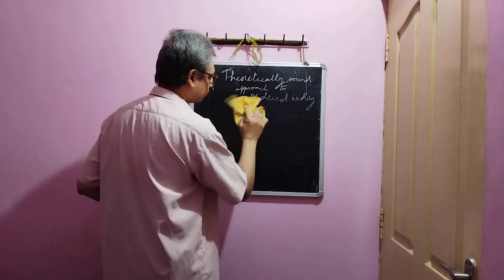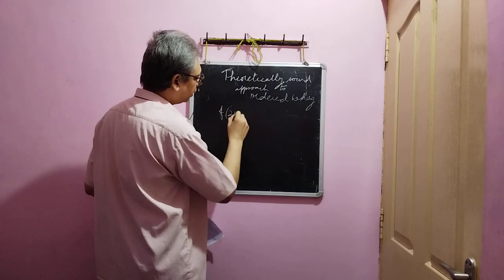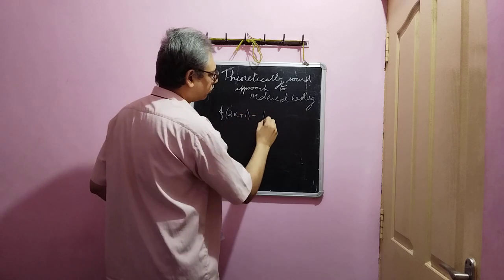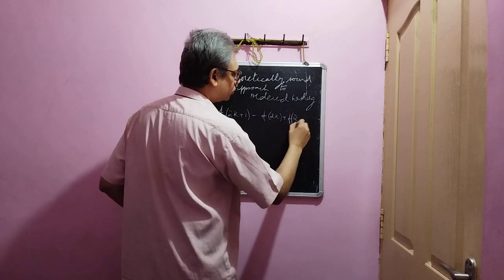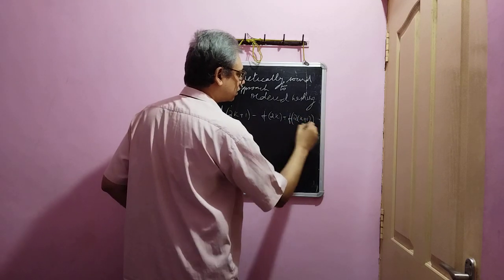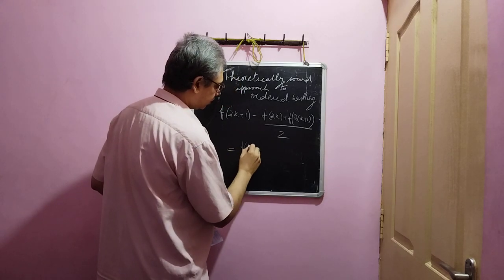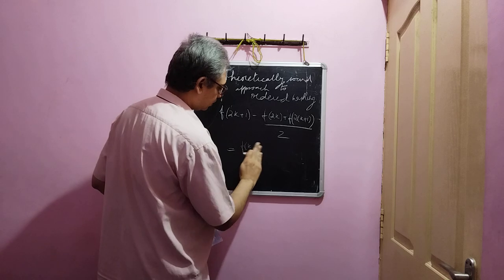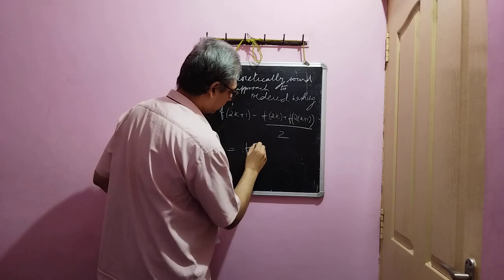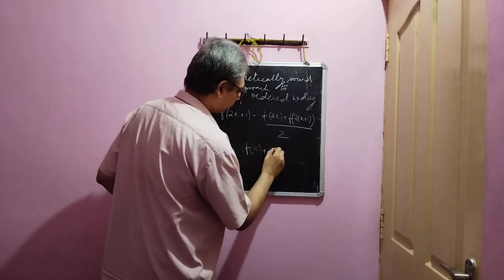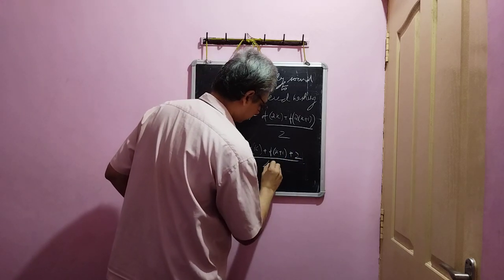That means f of 2k plus 1 will be equal to f of 2k plus f of 2 times k plus 1 by 2, which is equal to f of k plus f of k plus 1 plus 2 by 4.